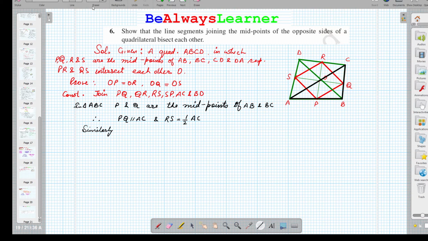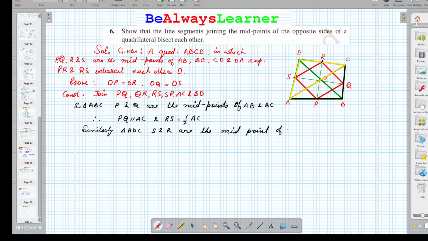But for considering this, we have to make another triangle, that A, D, C. In the triangle ADC, this S and this R are the midpoints of the respective sides.